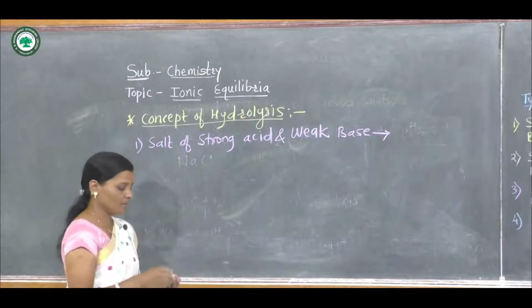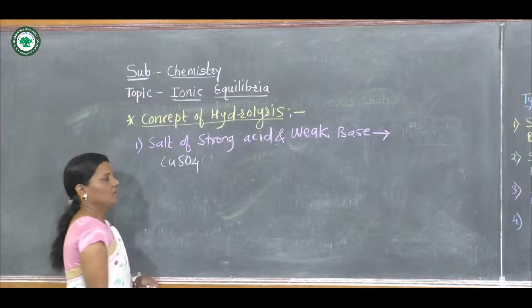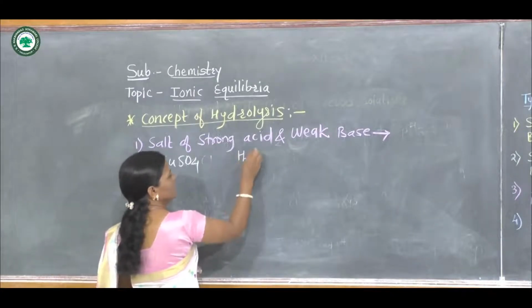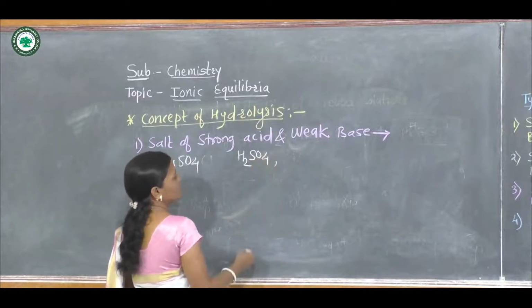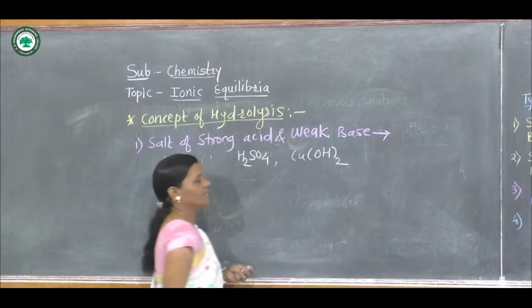Now for example, consider copper sulfate. Copper sulfate is the salt of strong acid H2SO4, sulfuric acid, and weak base copper hydroxide.